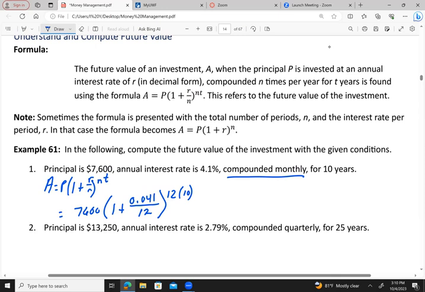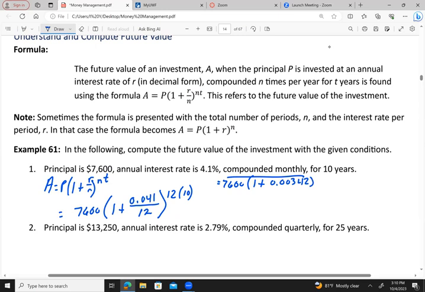So we're looking at 7,600 times 1 plus 0.041 divided by 12, which is 0.00342, and I'm going to stop there.